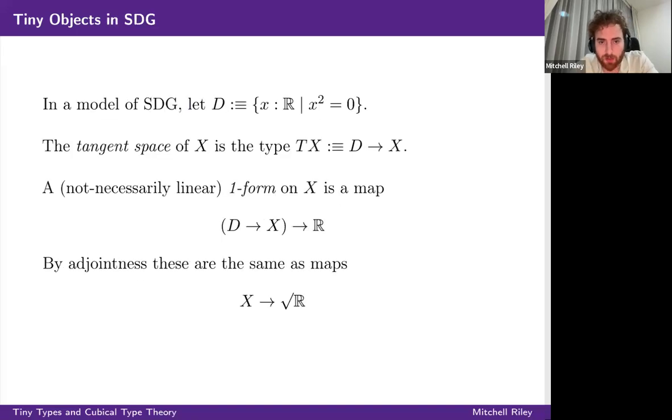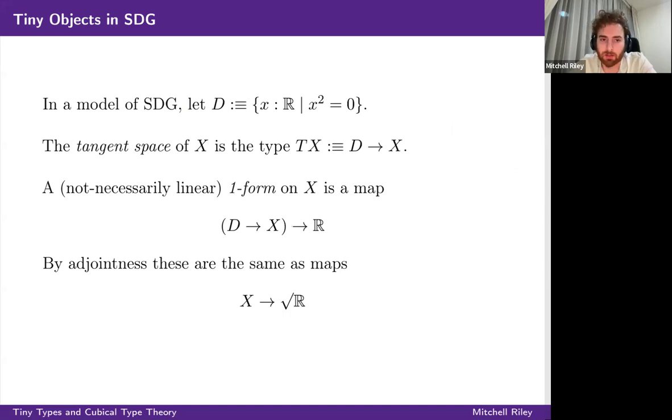So I'll briefly say something about the original motivation for studying these tiny objects. That's in synthetic differential geometry, although I won't say very much about this. We think of this infinitesimal disk, this infinitesimal neighborhood around zero, as being the walking tangent vector.